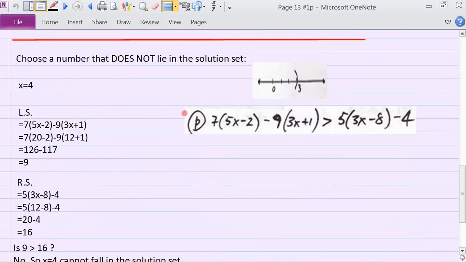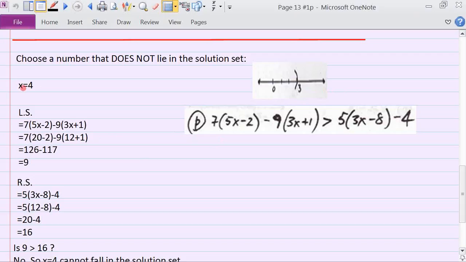Now let's choose a number that doesn't lie in the solution set. You can see the solution set is from 3 down, not including the 3. So we go over on this side, and any number that we choose on this side doesn't have to be 4. We could choose 5, we could choose 6, we could choose 3.5.